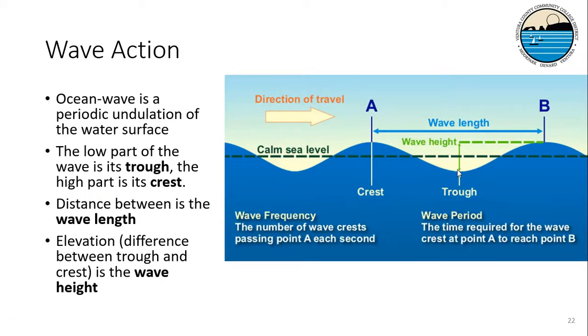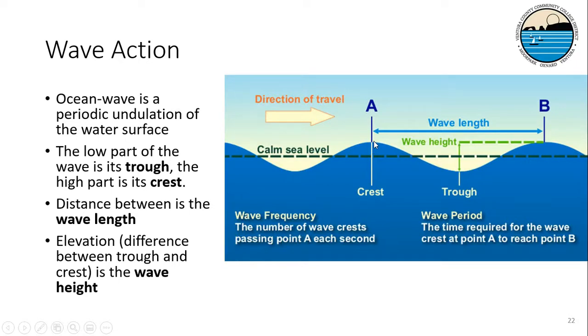All right, now let's talk about wave action. An ocean wave is a periodic undulation of the surface water. Okay, so the low part of the wave is called a trough, here in this diagram on the right. The high part of the wave is called the crest.